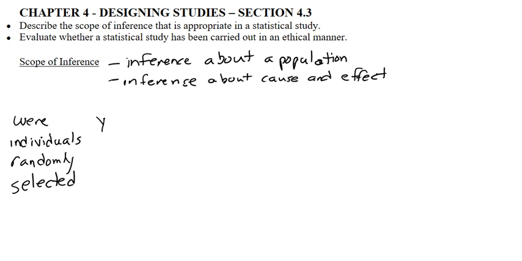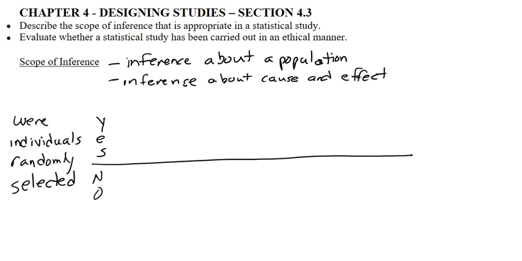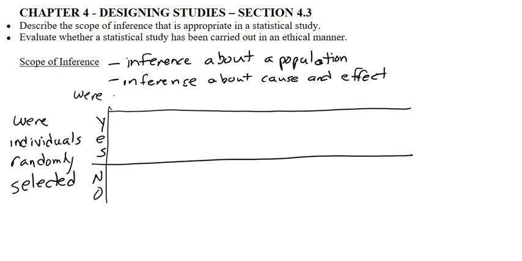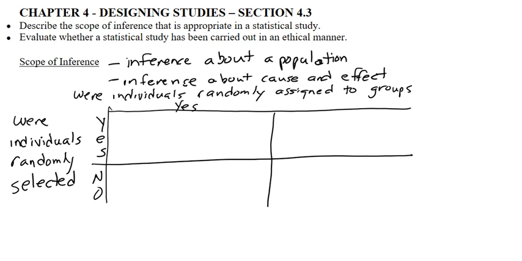Either it's yes or it's a big no. Okay. The other question here is, were individuals randomly assigned to groups? And again, it could be yes or it could be no.